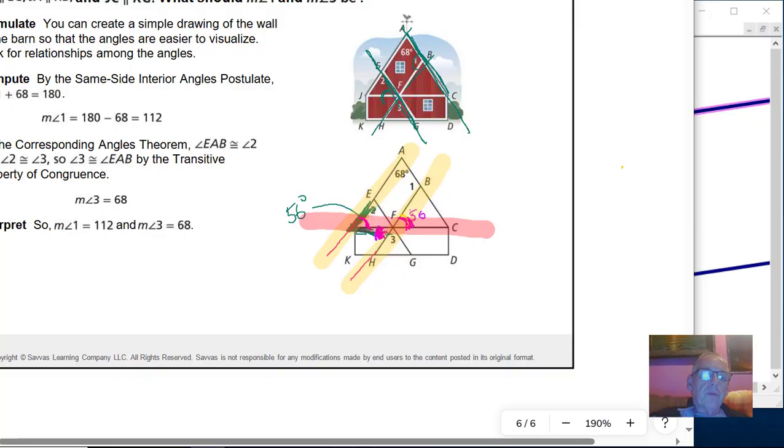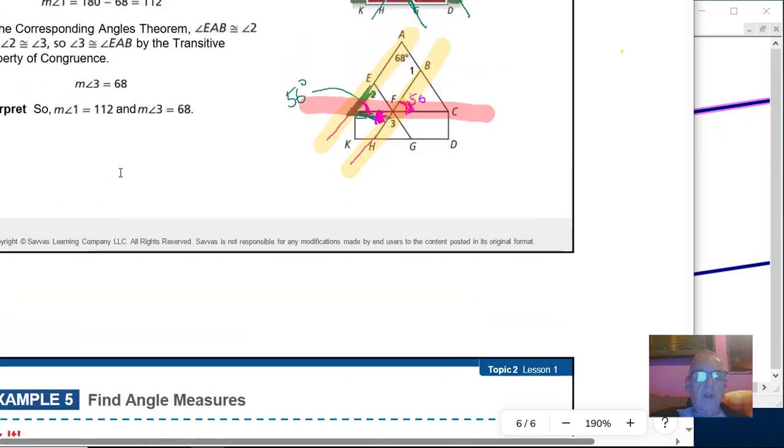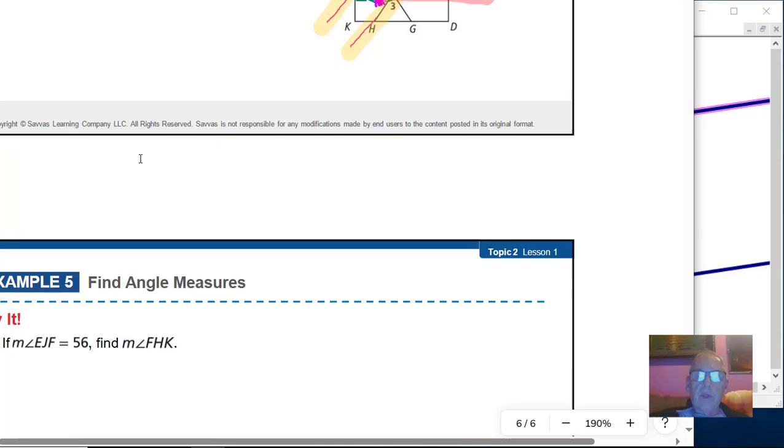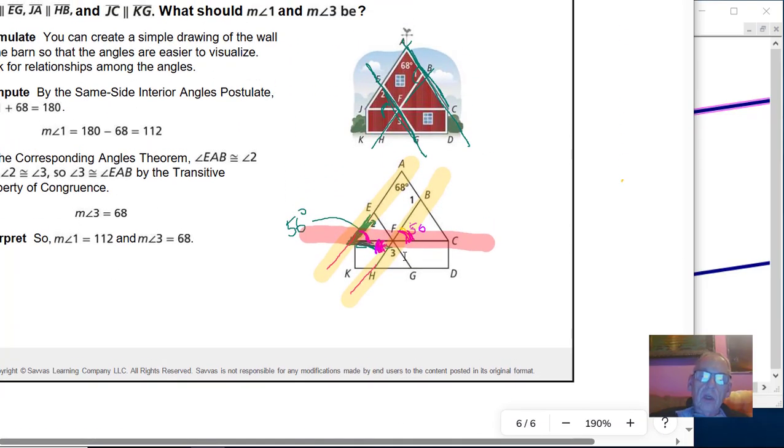Let's see what we need to find. FHK. Find the measure of FHK. So here's FHK. What we could do, even though they don't have it drawn in here, is this other KD line here could also be thought of as a transversal with this set of parallel lines.